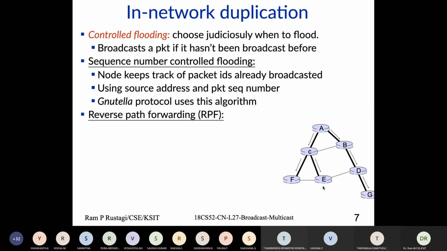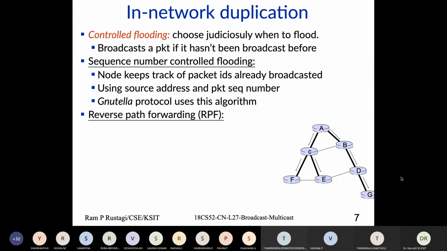But when E receives the packet, it looks at which path the packet came on. Is it on the shortest path to A? The packet that came from C is on the shortest path, because the E to A path is E to C and C to A, and only that packet would be forwarded.